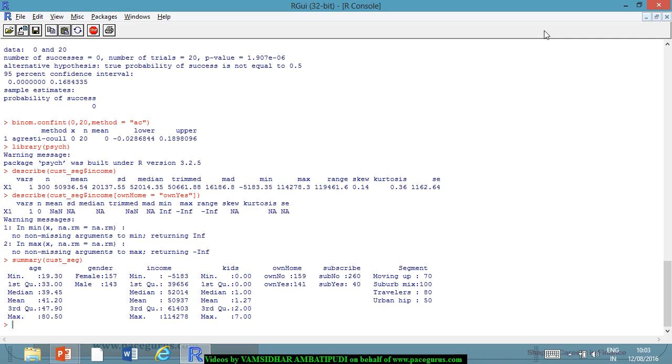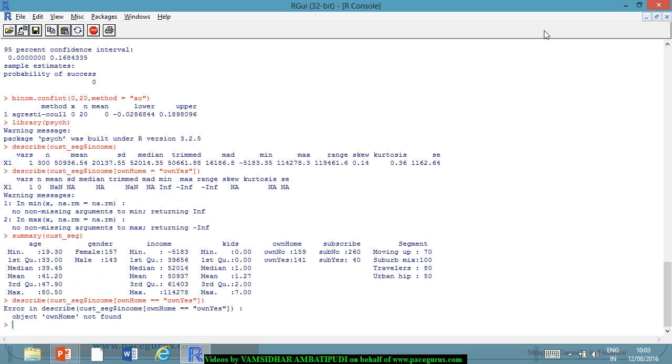Okay, I have to put double equal to when I did own home equal to own S, own home. I have to mention the data frame name, customer segment dollar own home, right?